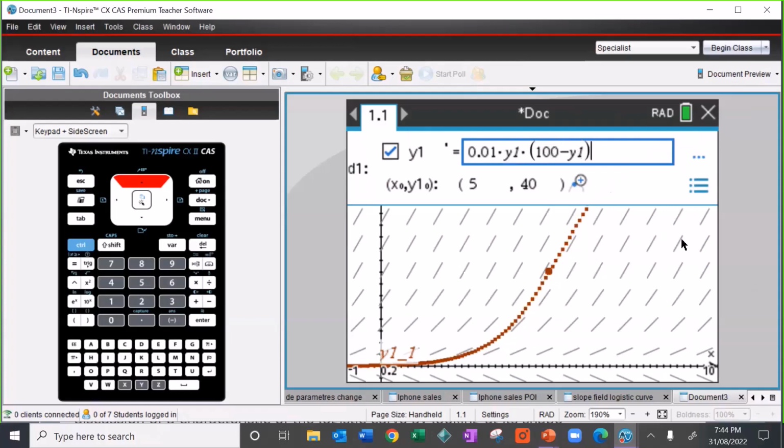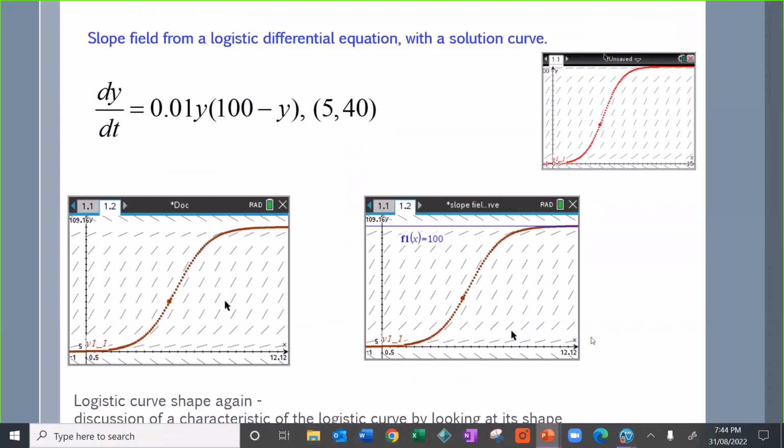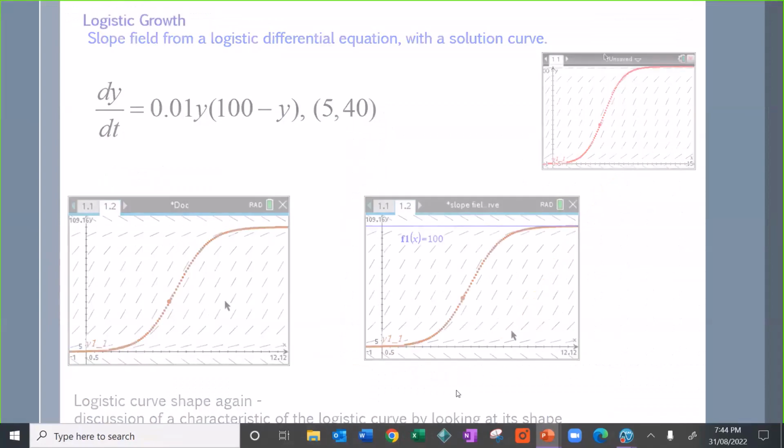So that's what the differential logistic equation is, and it can also be obtained by drawing the solution curve on the slope field. So that's what we've got here.